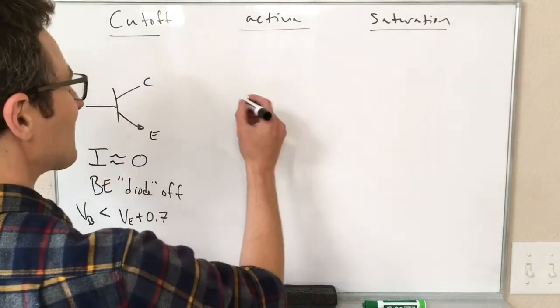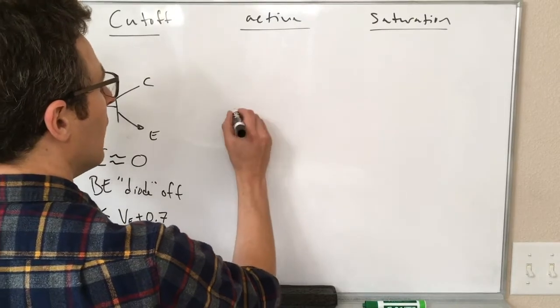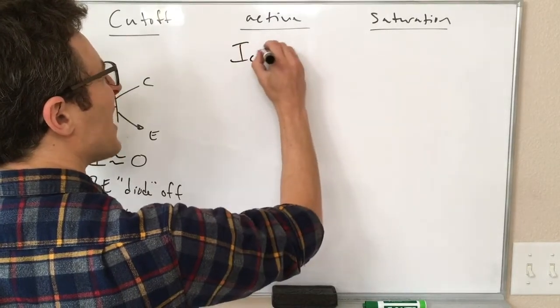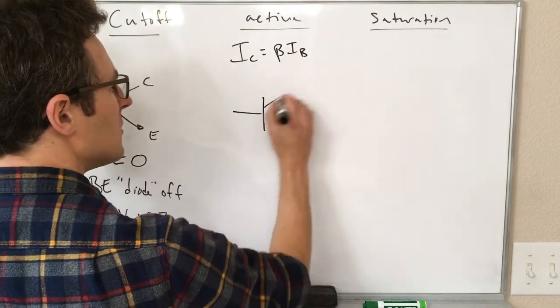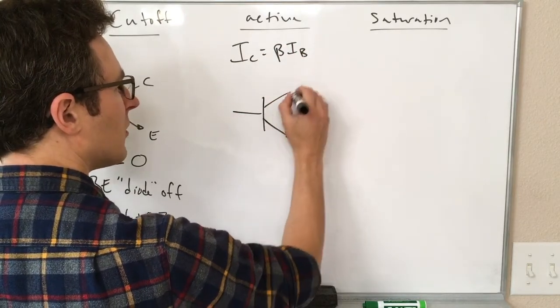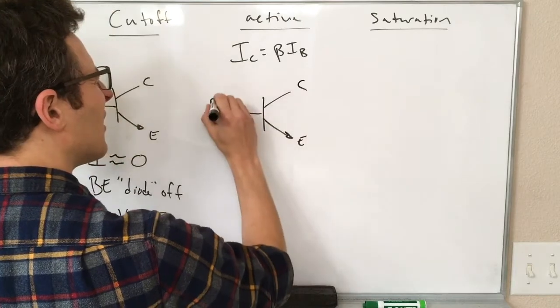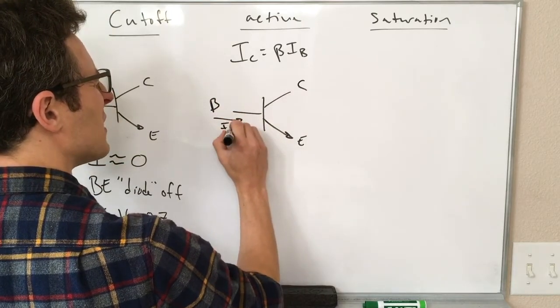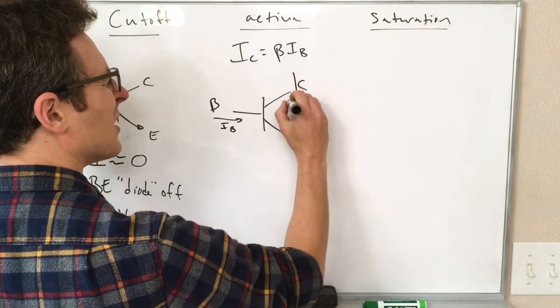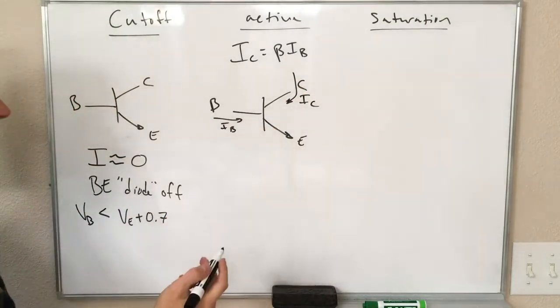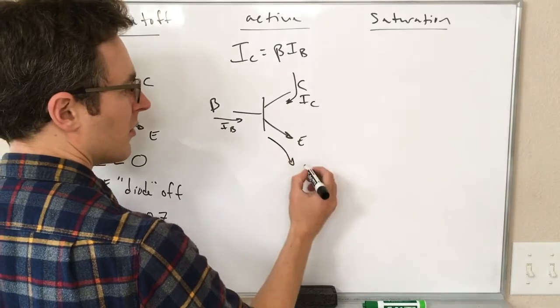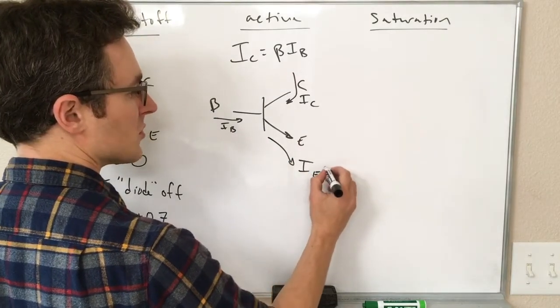Okay, so in active mode, we have our IC equals beta IB rule. So we have current going in the base, we have current going in the collector, and this is bigger than this by a factor of beta, and then we have the total of those currents.